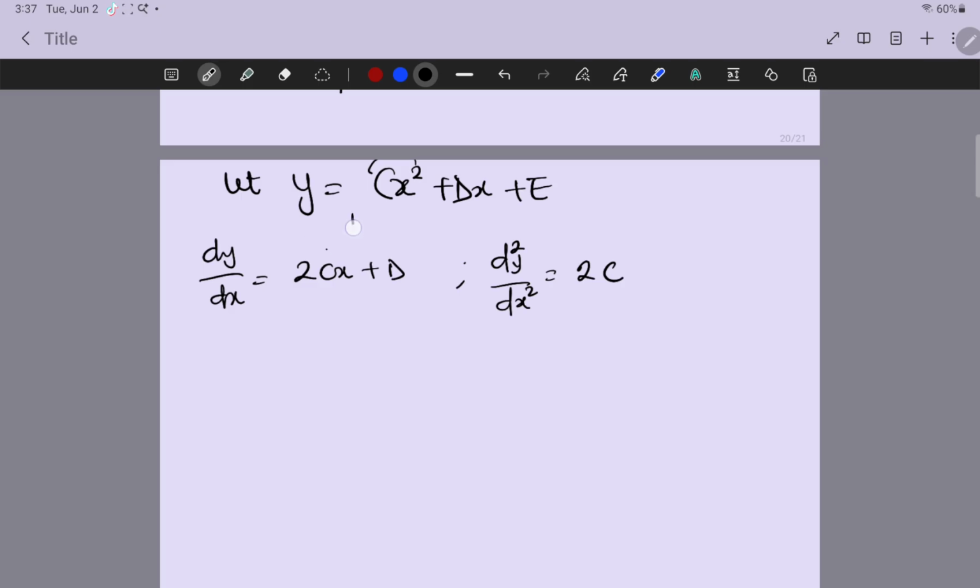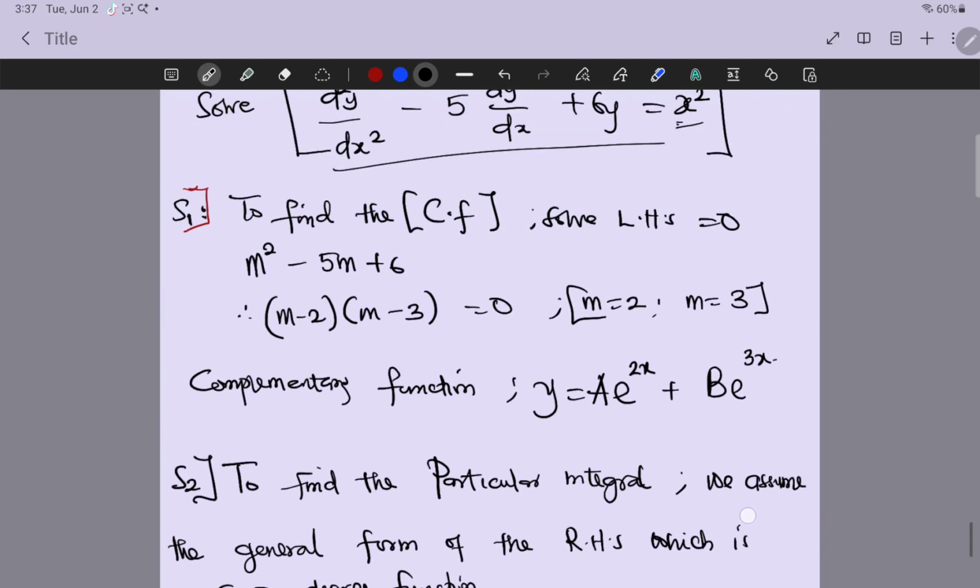If you differentiate this again, you are going to have this. True or false? Now, if that's the case, let's substitute these values for dy over dx and d squared y over dx squared inside of this function.